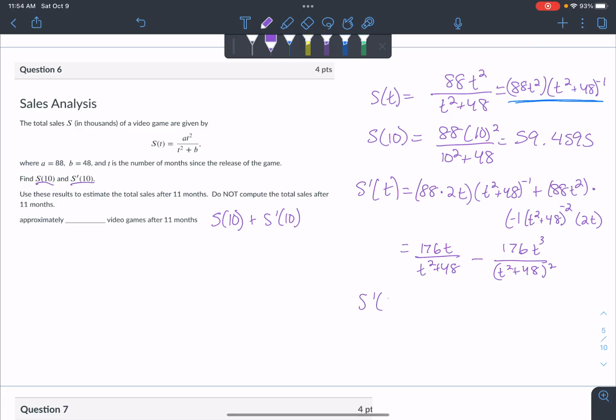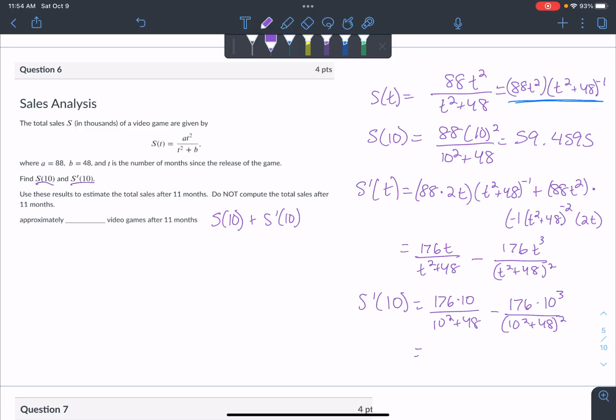Let's throw in 10 because we want the derivative at 10. So 176 times 10 over 10 squared plus 48 minus 176 times 10 cubed over 10 squared plus 48, the whole thing squared. Okay, and a calculator will be helpful here, so let's find it.